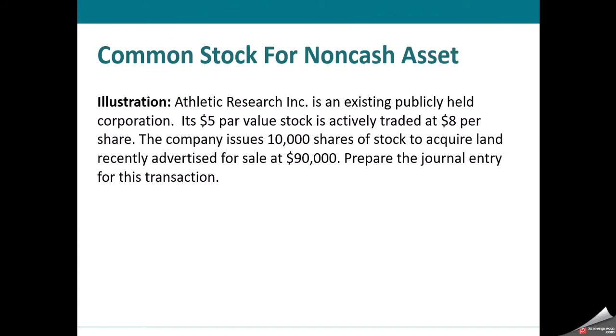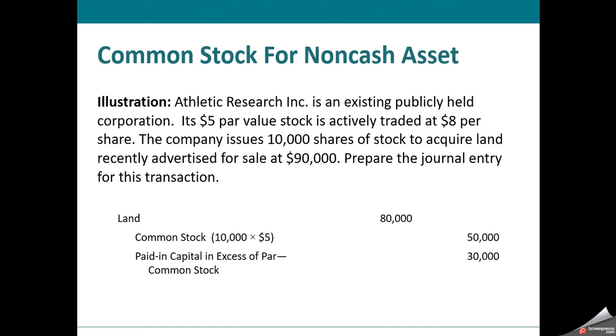So here we have an example. They have $5 par value stock. It's actively traded at $8 per share. They issue 10,000 shares to acquire land that was advertised for sale at $90,000. So we're going to value it at the $8 because that is more reliable.